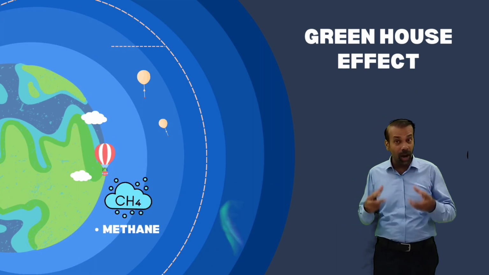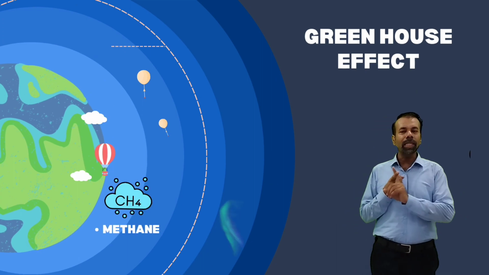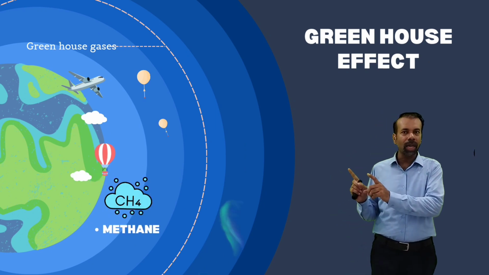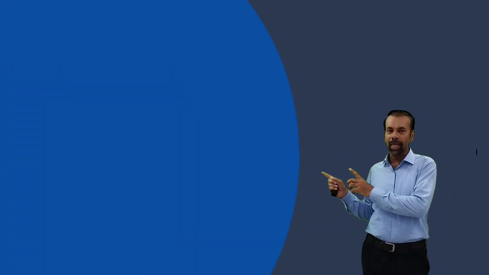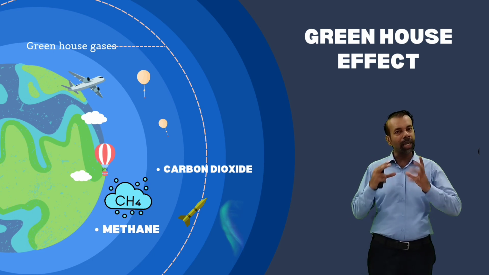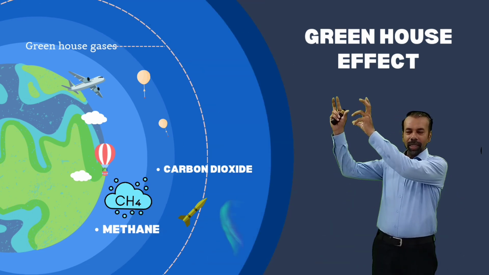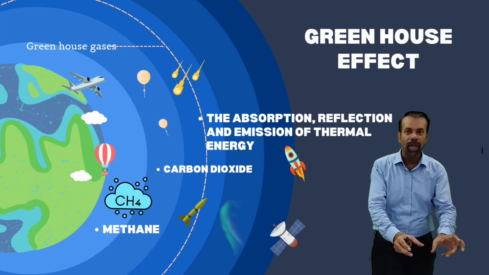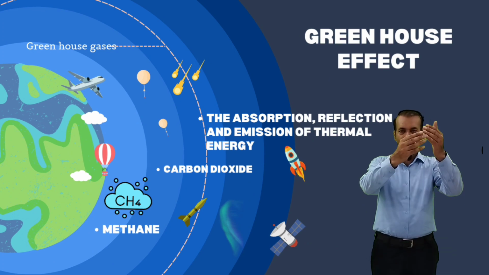So first of all, the major problem caused by these pollutants is greenhouse effect. Our two major sources of greenhouse effect are number one, carbon dioxide, and number two is methane gas. How do they cause greenhouse effect? Actually, rays coming from the sun strike the surface of earth and they reflect back.